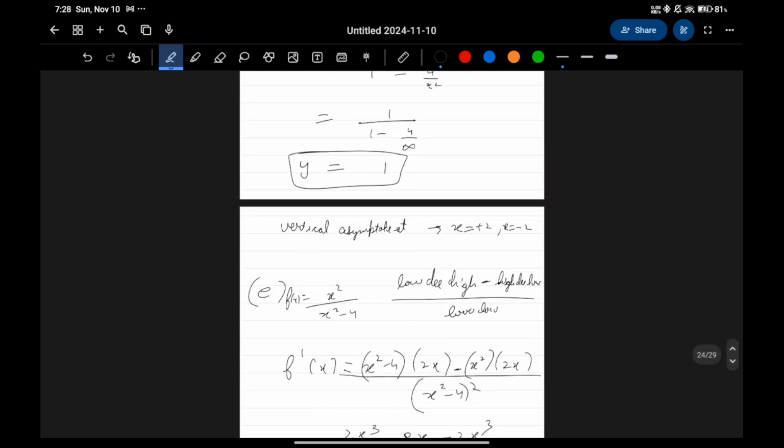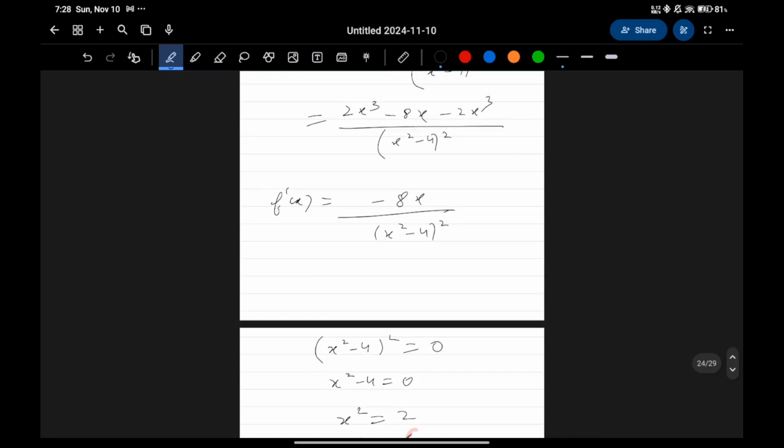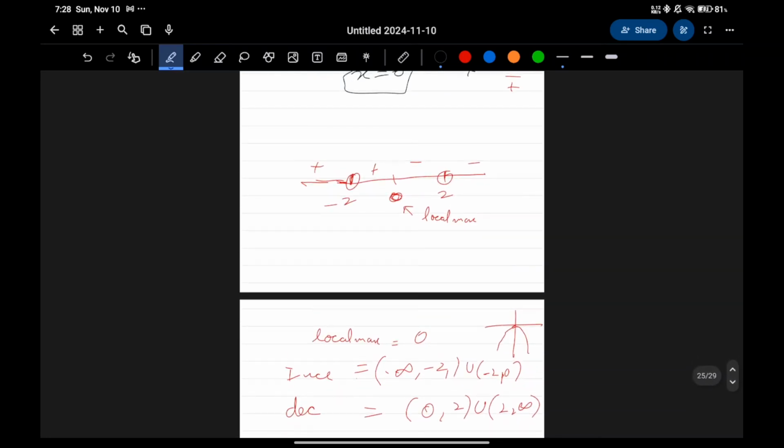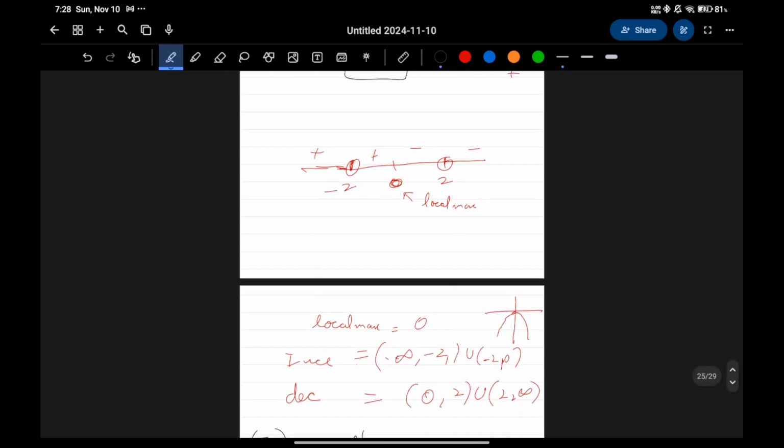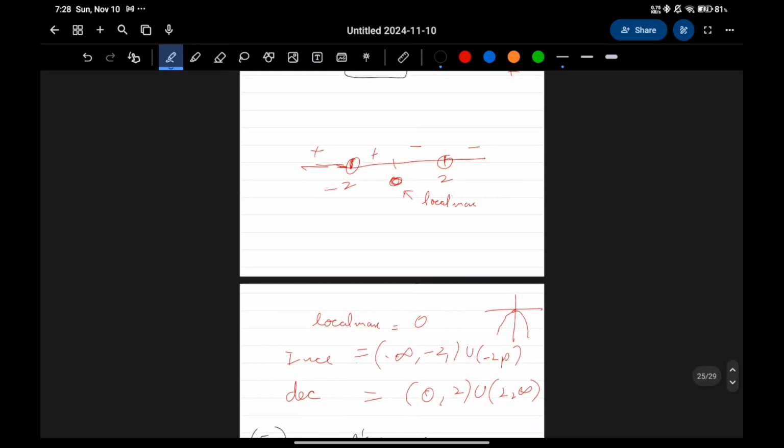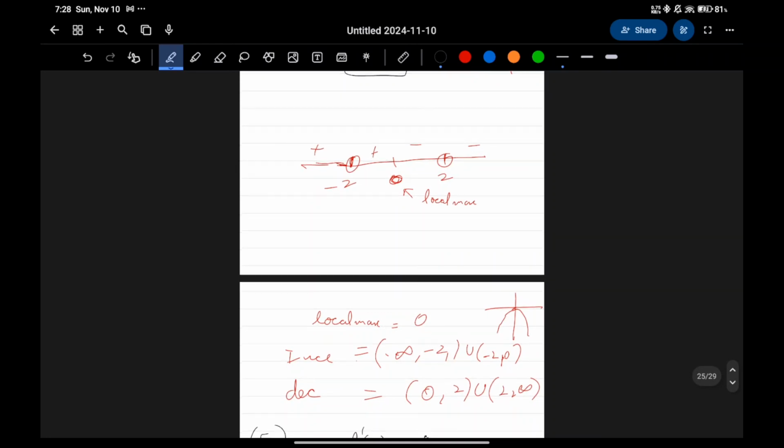We know that we have increasing and decreasing intervals: negative 2 to 0 it's increasing, 0 to 2 is decreasing, and 2 to infinity it's increasing. If I plug in 0, I would just get 0 because it's an intercept.